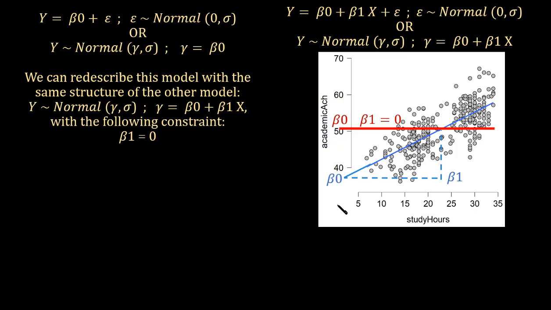We are going to measure the distance between each dot and the line of the model. So when we are considering the model with one predictor variable, we are going to take the distance between this dot and this line, this dot and this line, and so on, for all 300 dots.